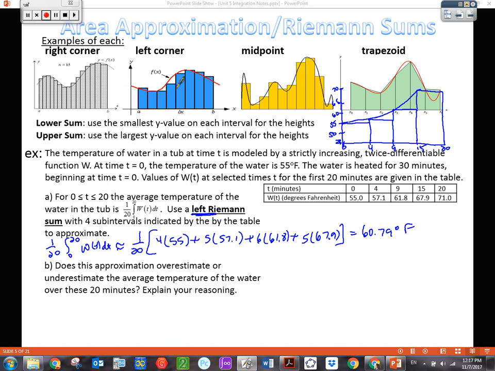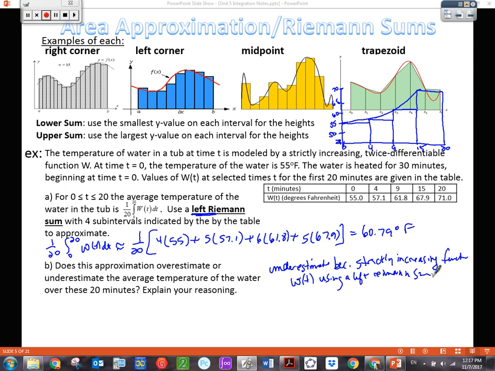So it's an underestimate because we have a strictly increasing function w of t, and we're using a left Riemann sum. That's our justification. You say strictly increasing on an interval, it's not the whole function.